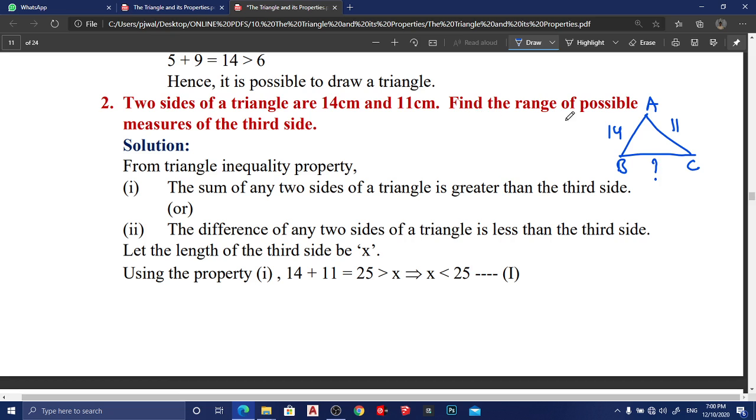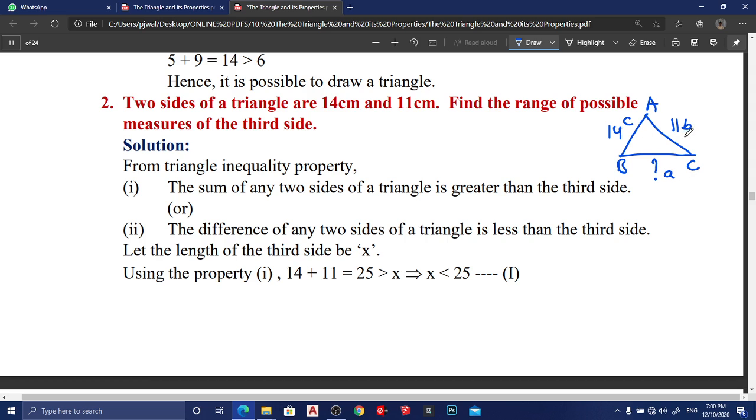So to find the range of possible measures of the third side, first you apply the sum property. What is the sum property here? If you take this as A, this as B and this as C, by adding two sides, the sum should be greater than the third side. This is the triangle inequality property: the sum of two sides should be greater than the third side.